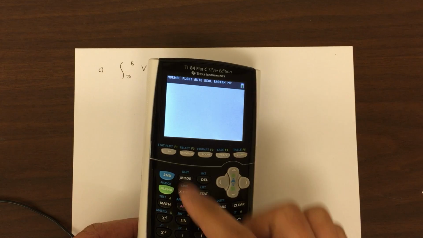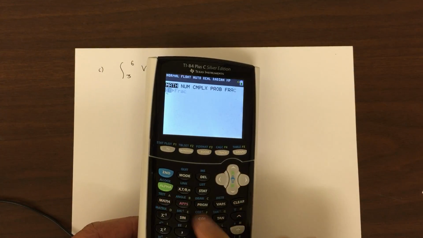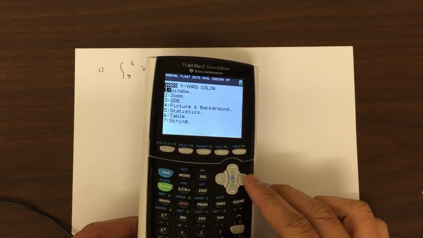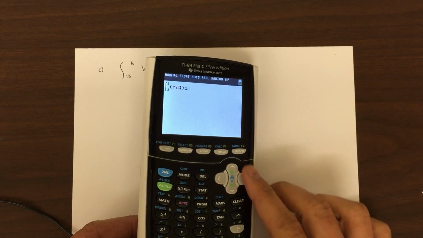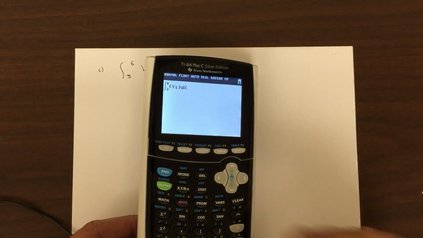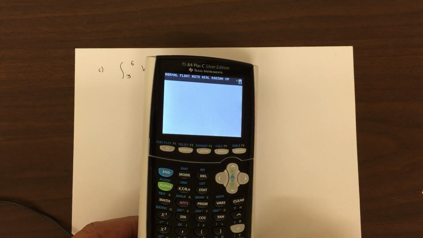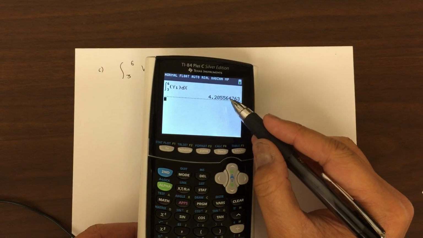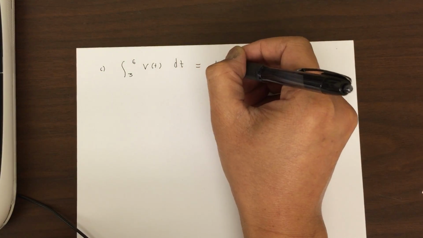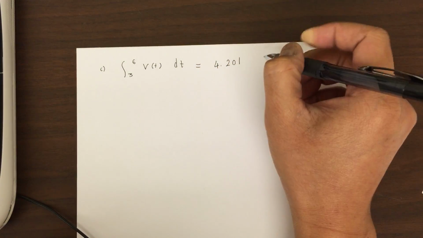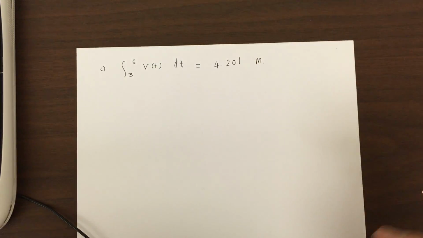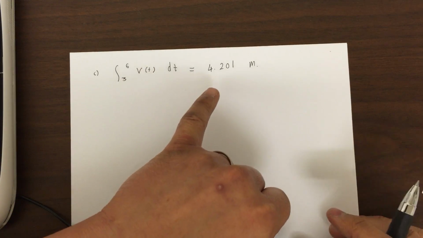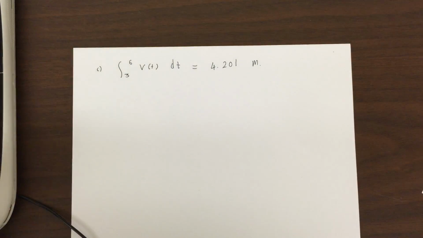We're going to evaluate this. So math 9, go from 3 to 6 of that function, which is y bar, choose y1, dx from 3 to 6, and that should give us 4.201 meters. So the particle from time 3 to time 6 traveled 4.201 meters.